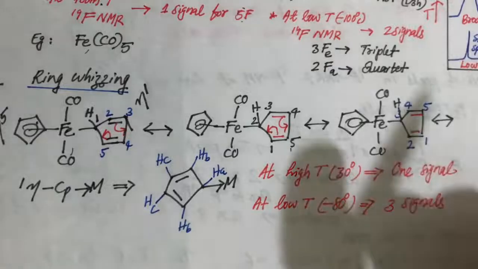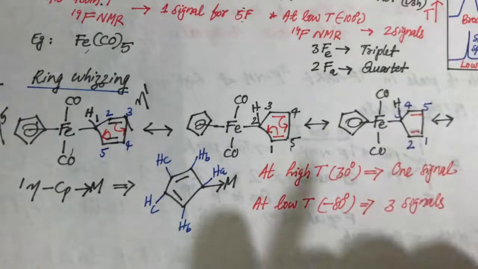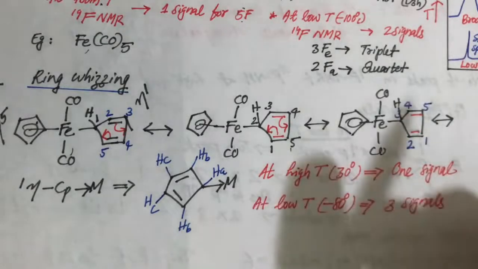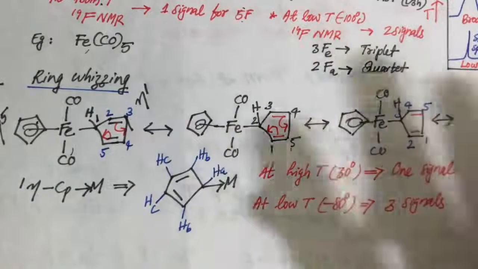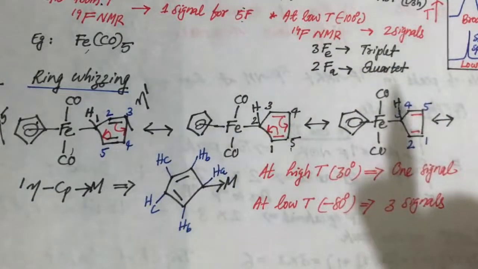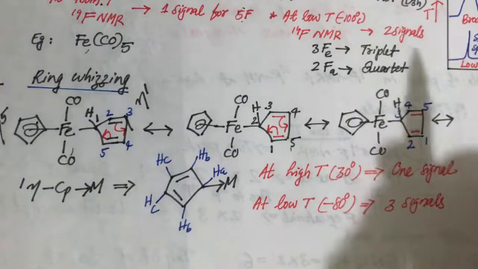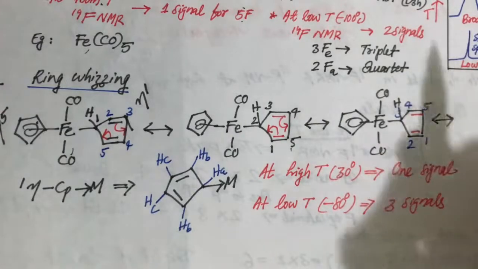Now the interesting thing is that this fluxional behavior is shown at high temperature. At a low temperature there is no fluxional behavior. So how does the question come in this situation?